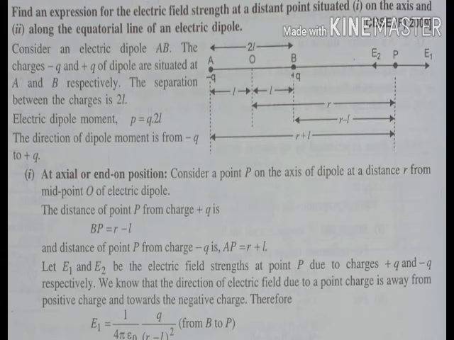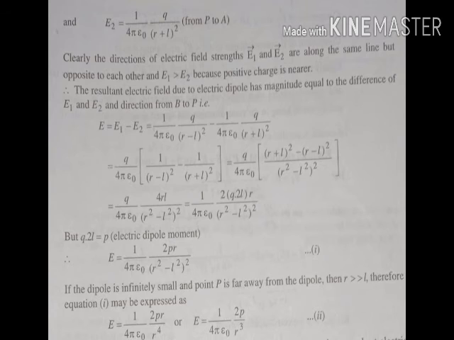Therefore, E1 is equal to 1 upon 4 pi epsilon naught, Q upon (r minus L) whole square, from B to P, and E2 is equal to 1 upon 4 pi epsilon naught, Q upon (r plus L) whole square, from P to A. Clearly, the directions of E1 and E2 are along the same line but opposite to each other, and E1 is greater than E2 because the positive charge is nearer.